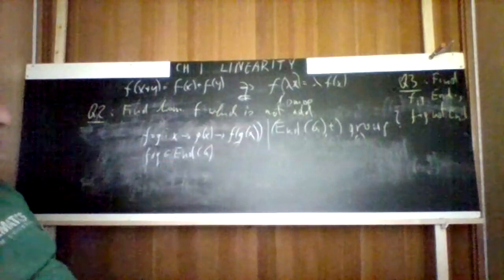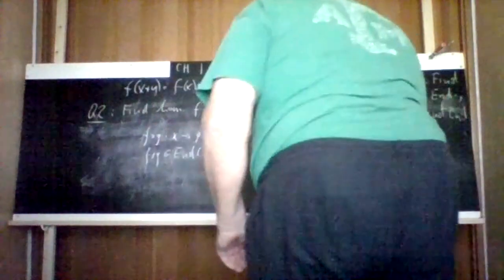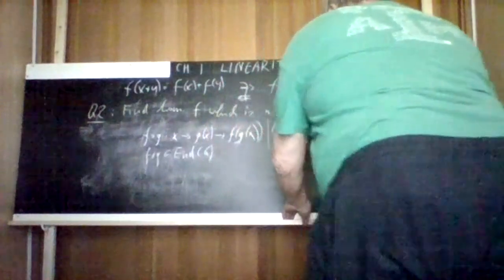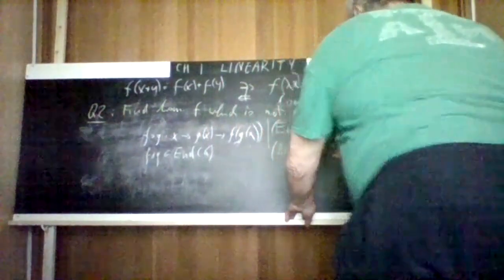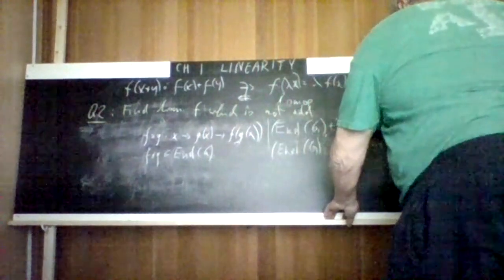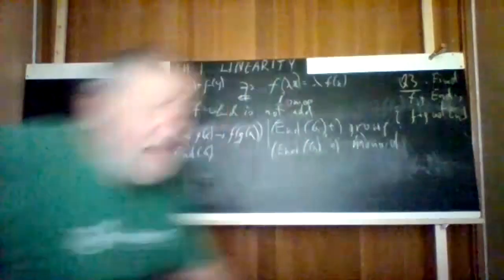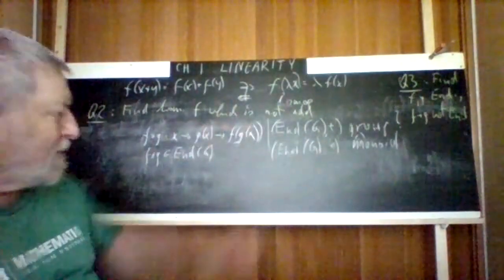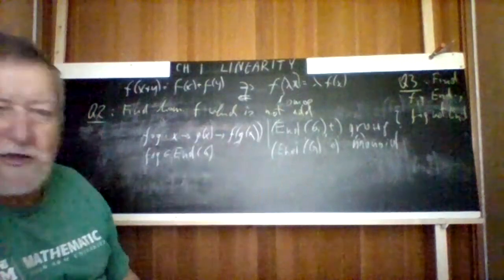So at least we can say that this is a monoid, which means that it's closed with respect to composition, is associative, and has a neutral element.